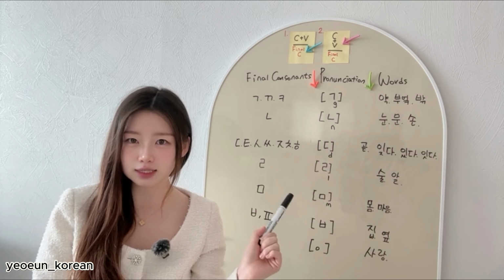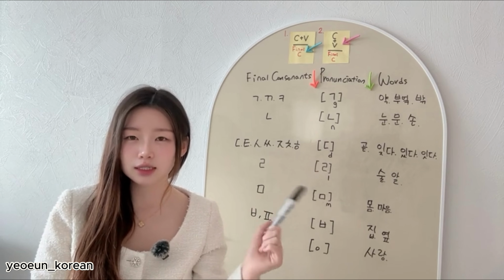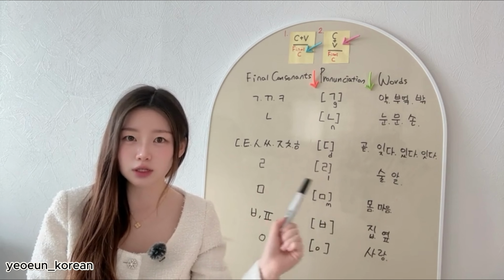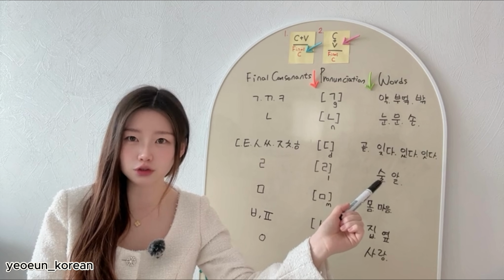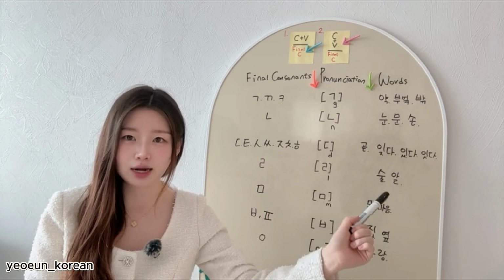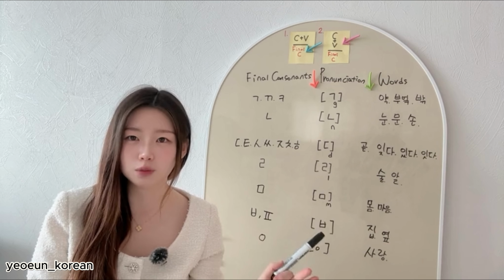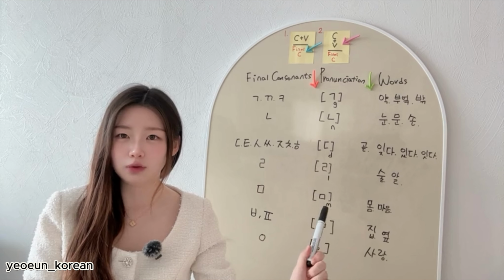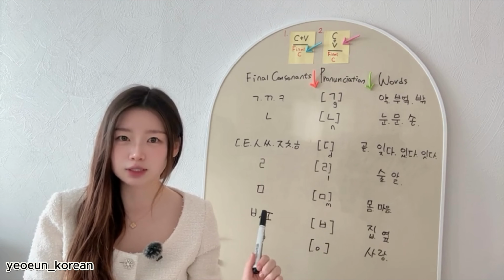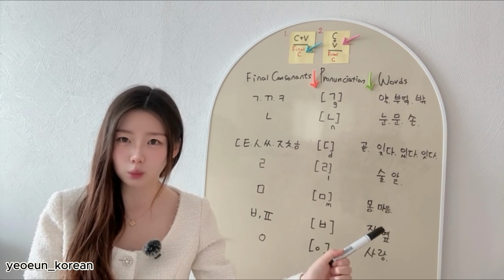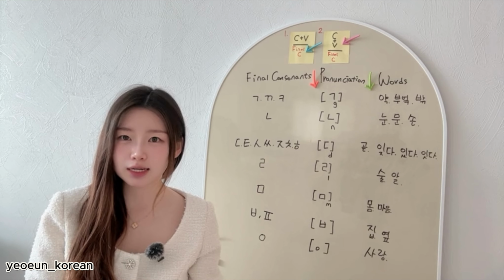And the 리을 sound sounds very similar to the alphabet L sound. And we have 술, which means alcohol, and 알, which means egg. And we have the M sound, which is very similar to the alphabet M sound. The first one is 몸, which means body.